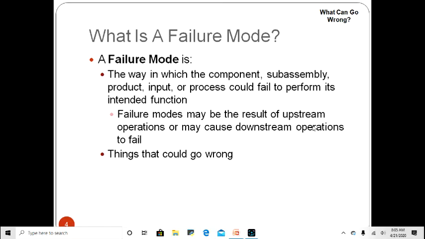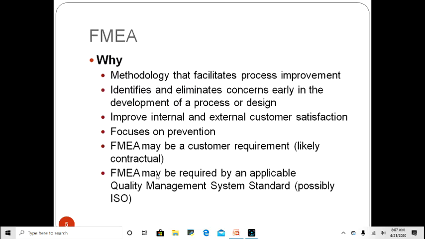So upstream will cause the downstream operations to fail. In turn, the product will fail, right? And you check the things that could go wrong. So you identify where the failure is occurring, which process or which action is making that failure occur. So that is your failure mode.